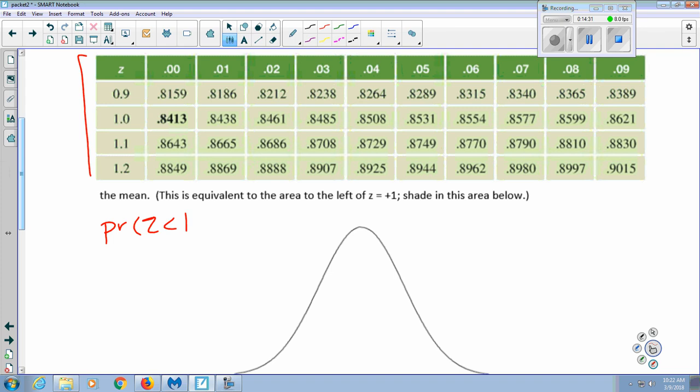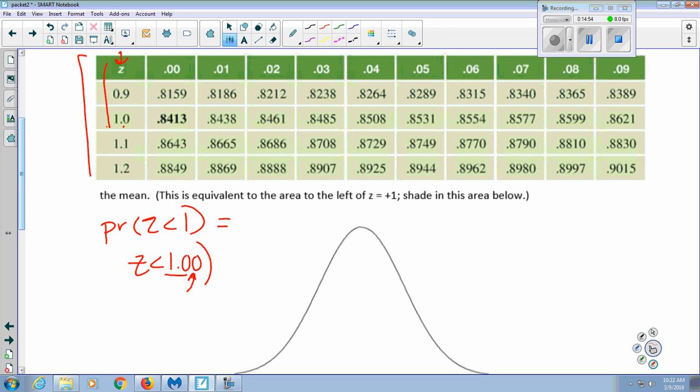To find a z-score of 1 on our table, first we're going to come to this column and look for 1. This is really looking up the z-score. We're looking up the z-score that's less than 1.00 because our table always goes out to hundredths. So 1.0, that's this much.